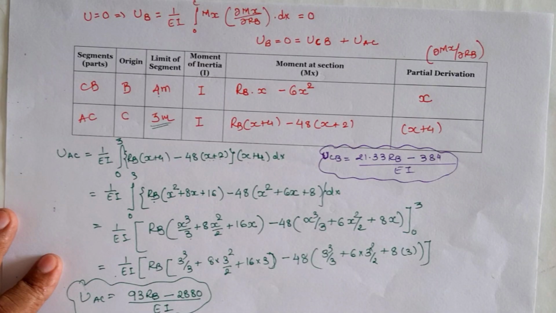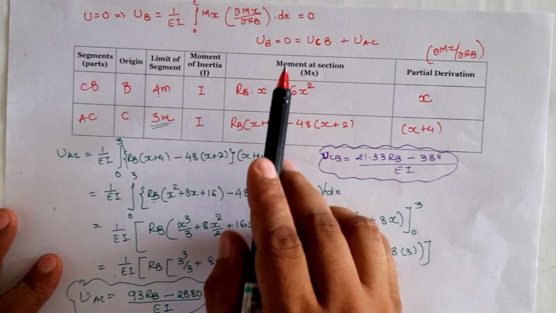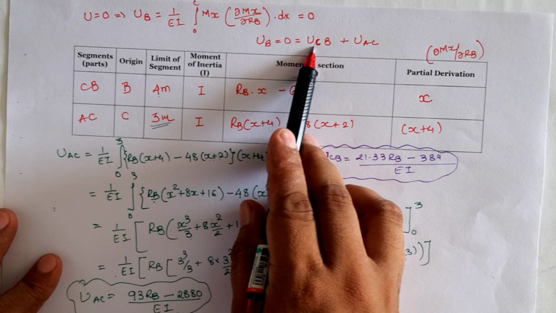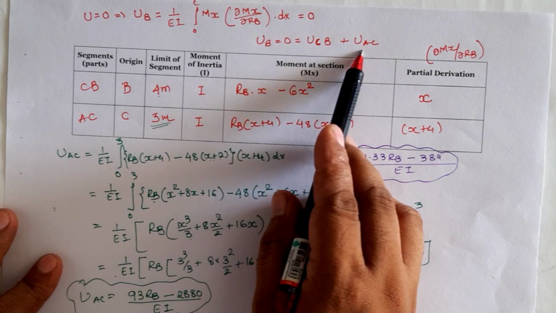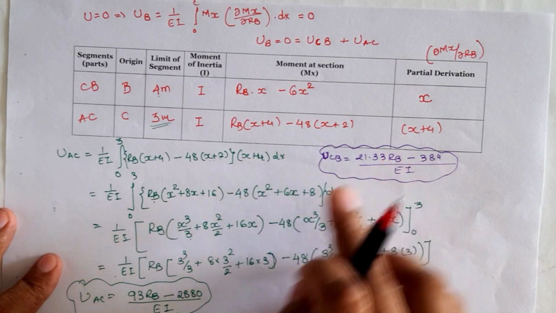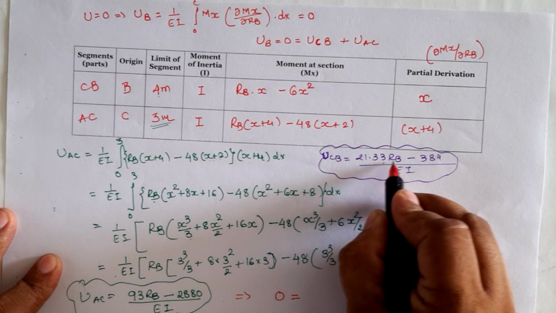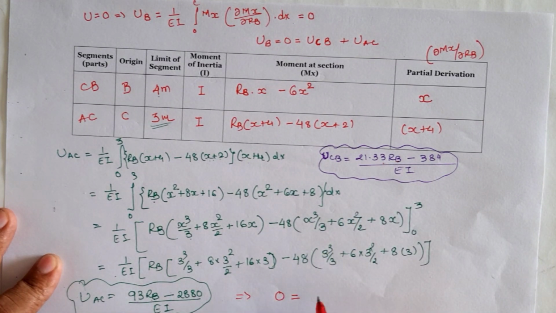Now we know that the total strain energy at location B is 0, and it is the summation of strain energy in C to B segment plus strain energy in A to C segment. So the summation of UCB plus UAC must be equal to 0, hence 0 is equal to 21.33 RB plus 93 RB, which is equal to 114.33 RB.